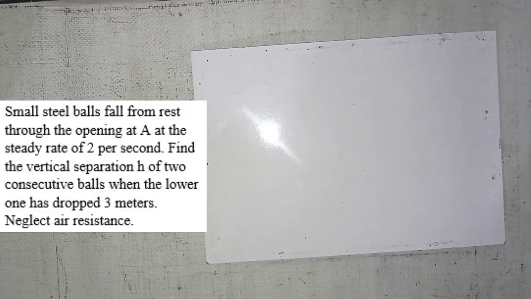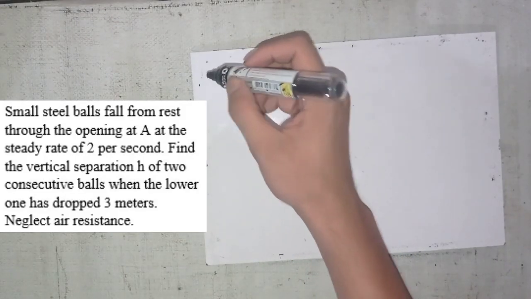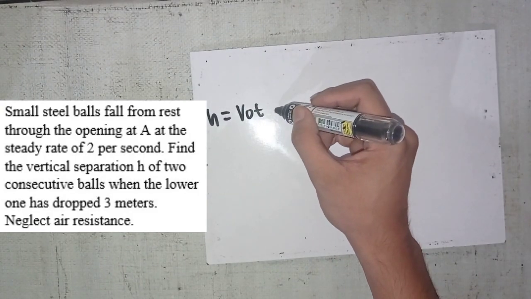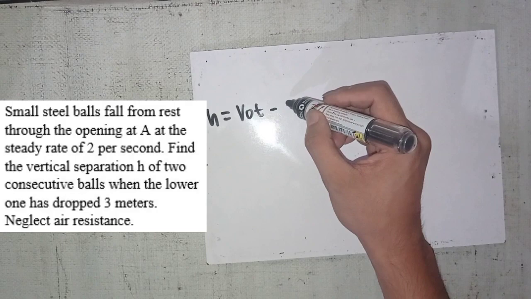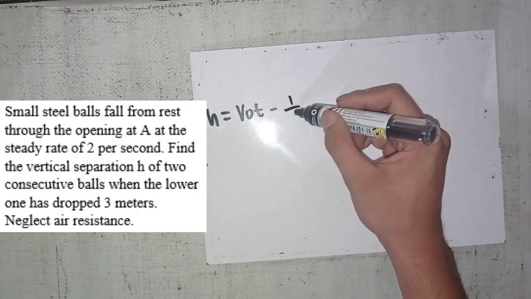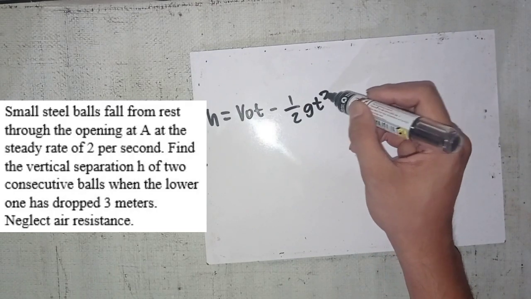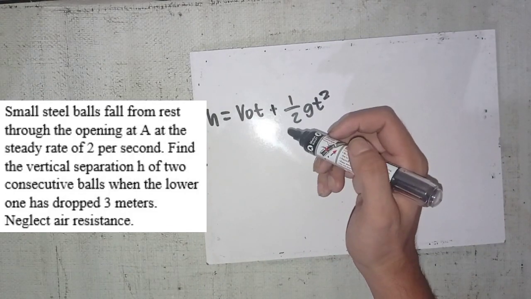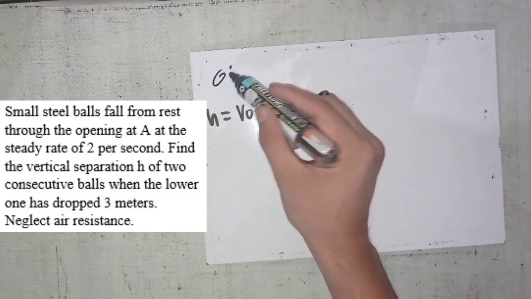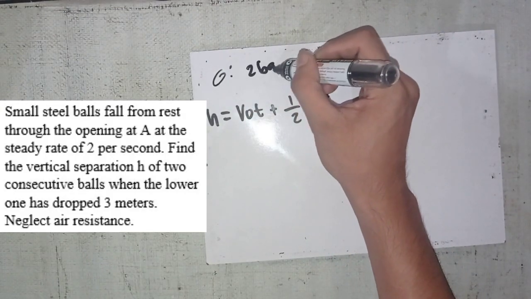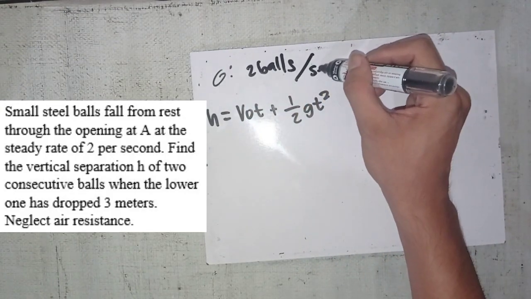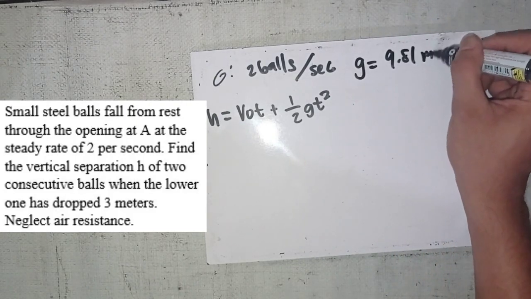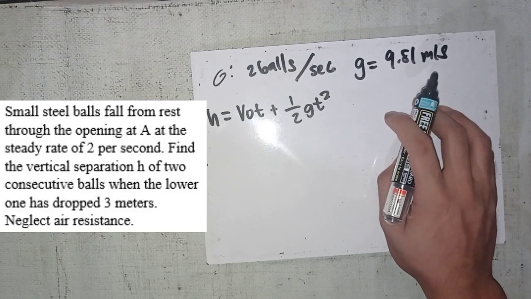So the free fall formula here is height is equal to v0 t plus 1 half g t squared. The given here is two steel balls per second, and the gravity 9.81 meters per second squared.